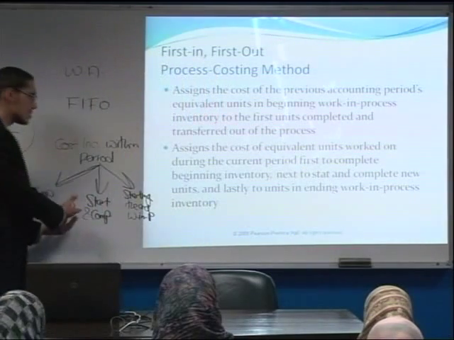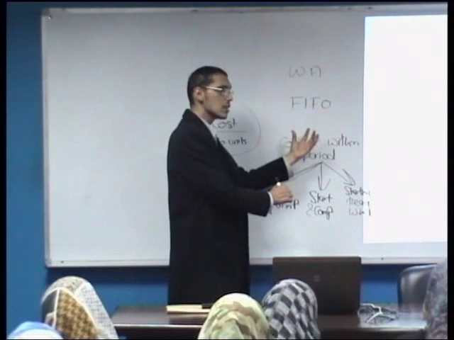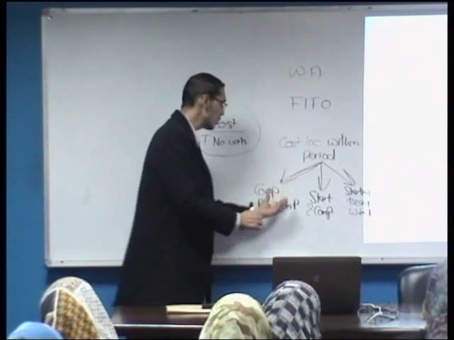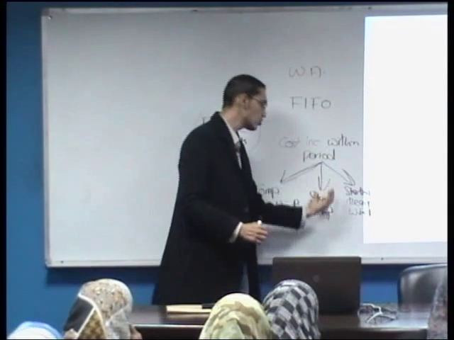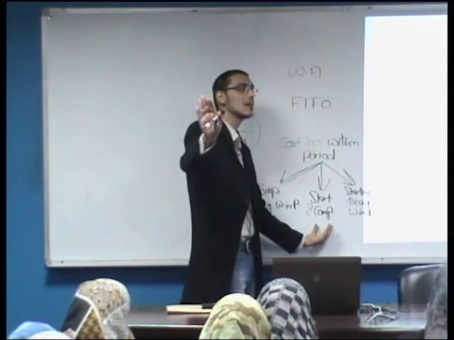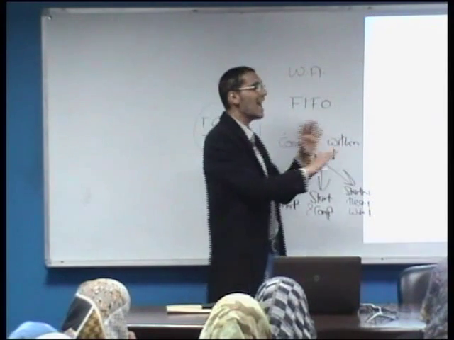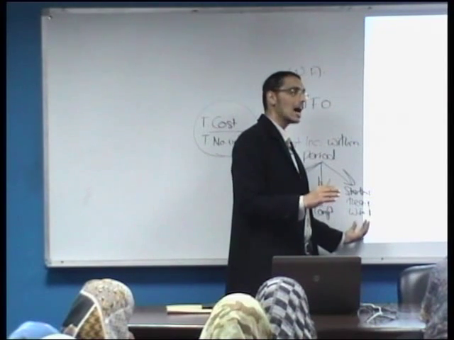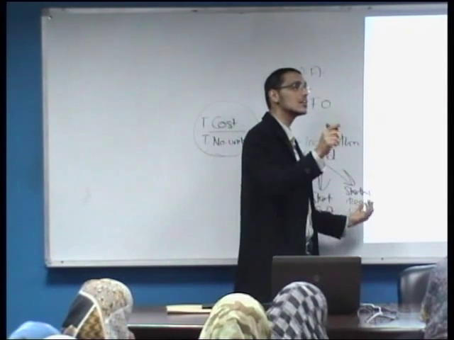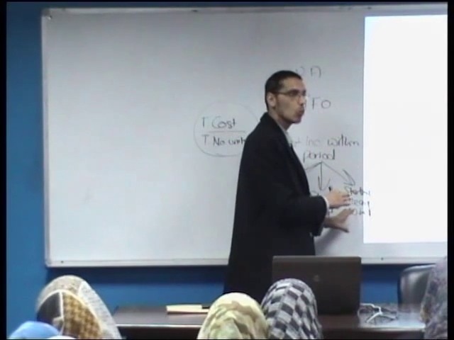As we can see here, this is the designation that we have just discussed. The costs that are incurred within the period, first of all, we use to complete our beginning work in process, and then to start and complete some amount of units, and then the remaining costs would start other units within the current period, but of course they would not be finished, therefore they would stay in the ending work in process.